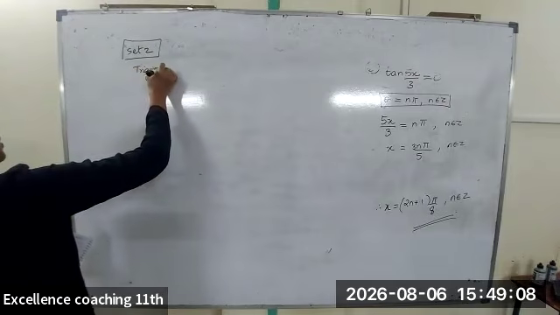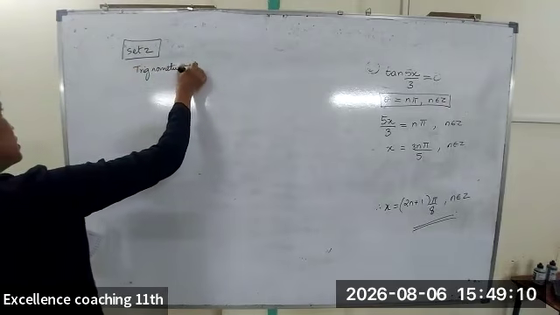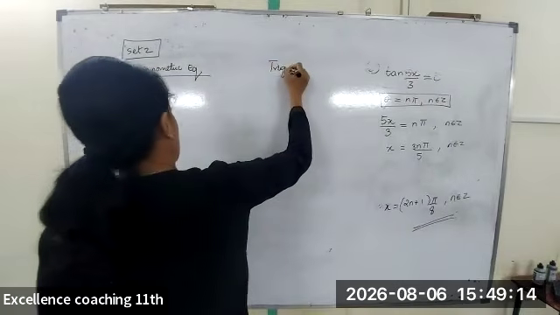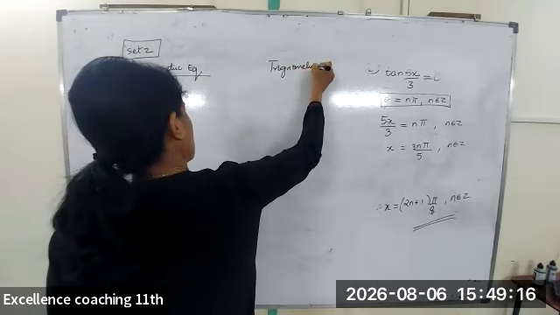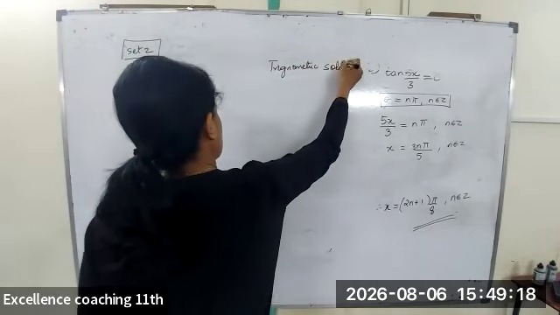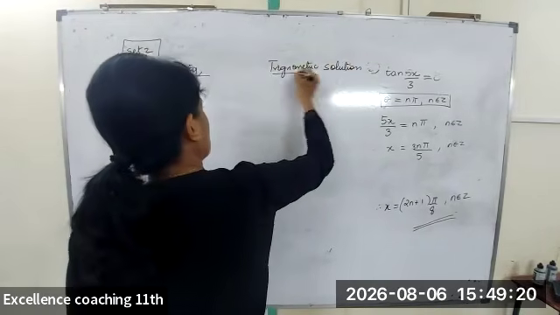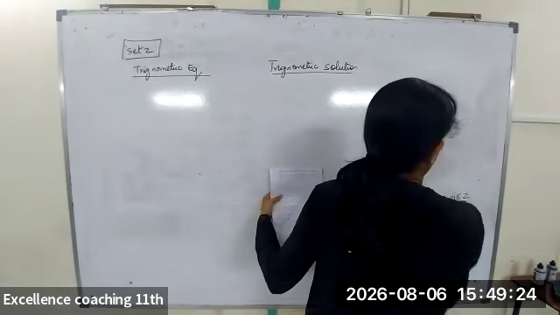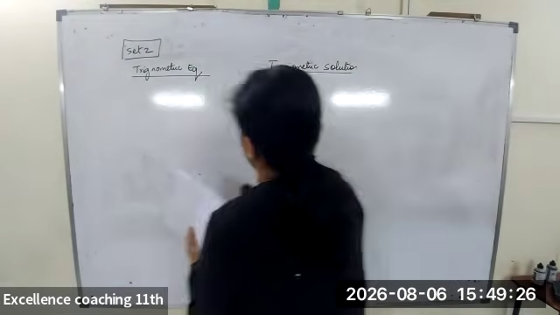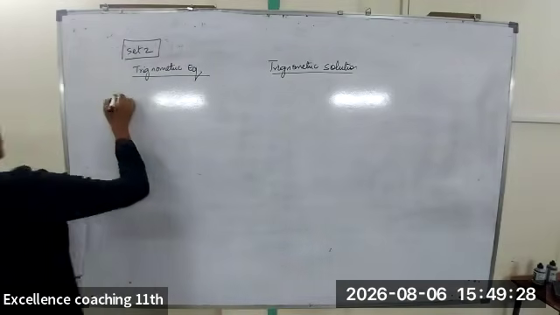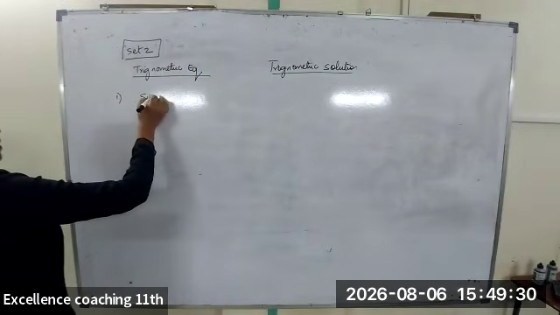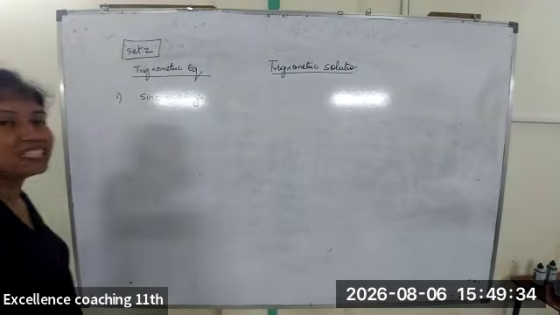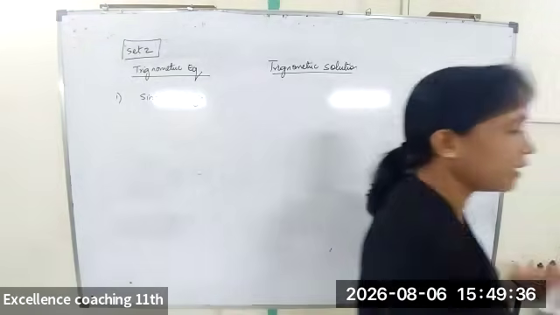Write it down. Whenever it is not equal to 0, we have to bring it in this form.